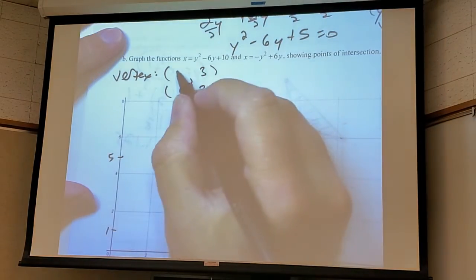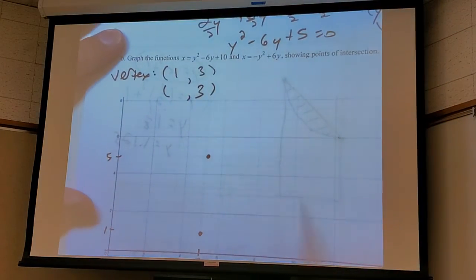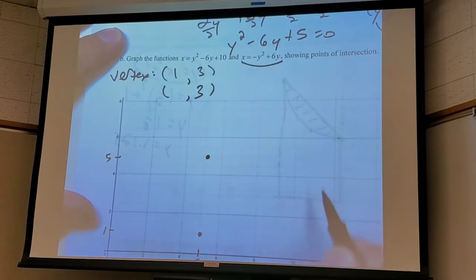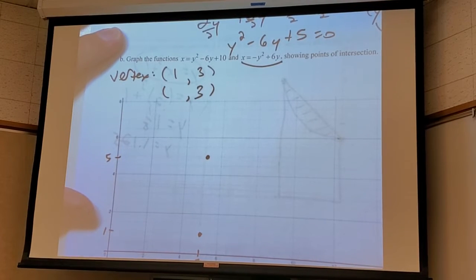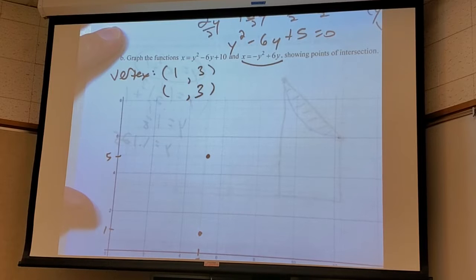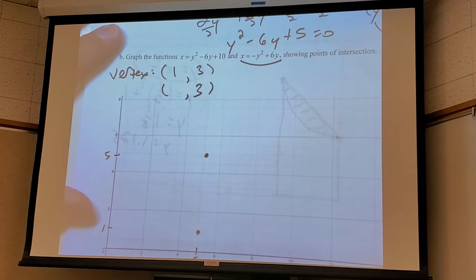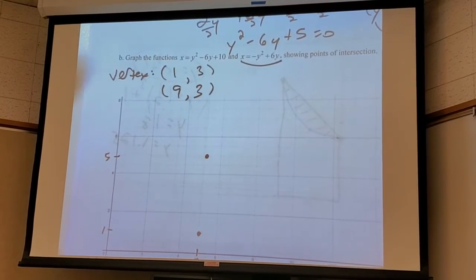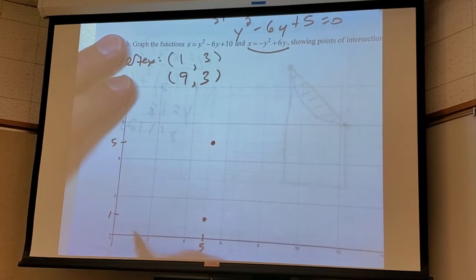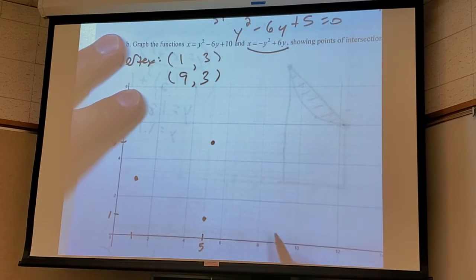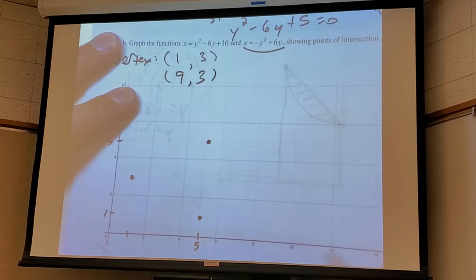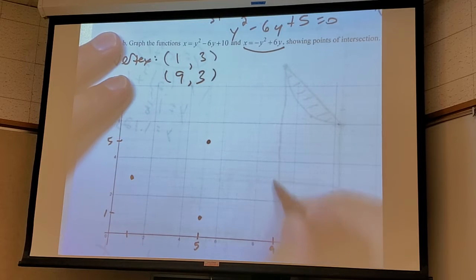We input a y, we output an x. And what do I get for this one when I put a 3 in? Yeah, negative 9 plus 18, I get 9. Is that cool? So (1, 3) is one vertex. And the other one is (9, 3).